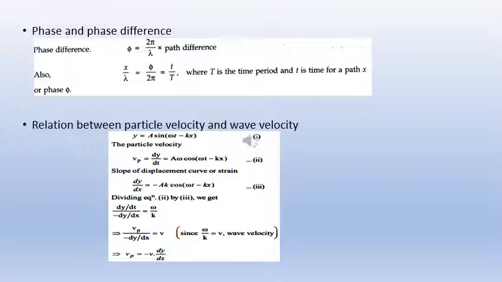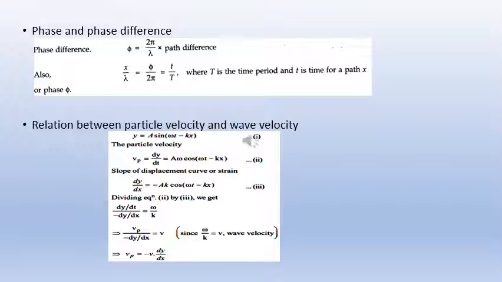Next is the relation between the particle velocity and the wave velocity. We know that the wave velocity is v = nλ, which remains the same for the wave when it is traveling, but the velocity of the particle keeps on changing continuously.